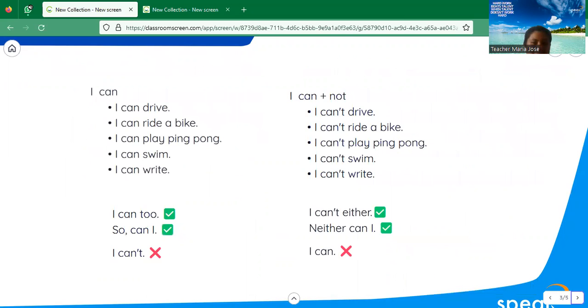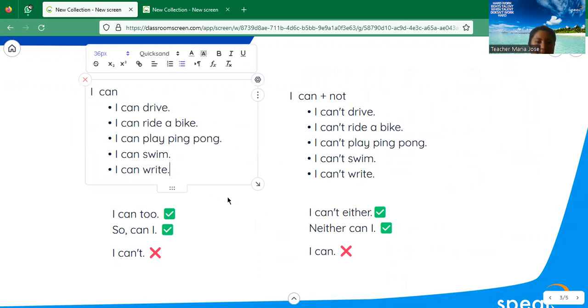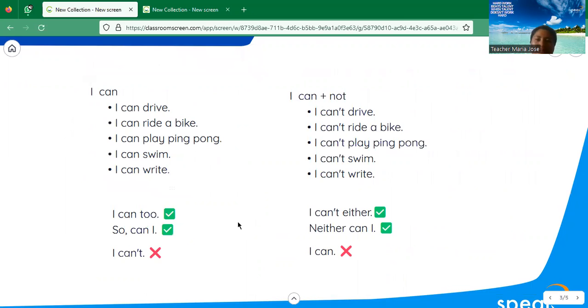Now with can. Alex, one example, affirmative for can. I can read. Okay. What do you say to that, Julio? I can too. All right. And Abigail? I can too.